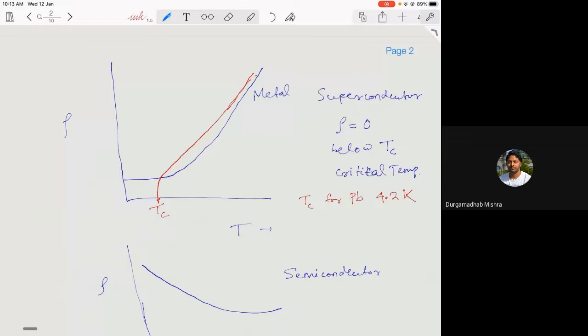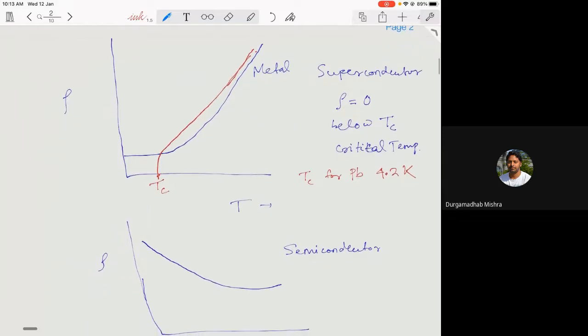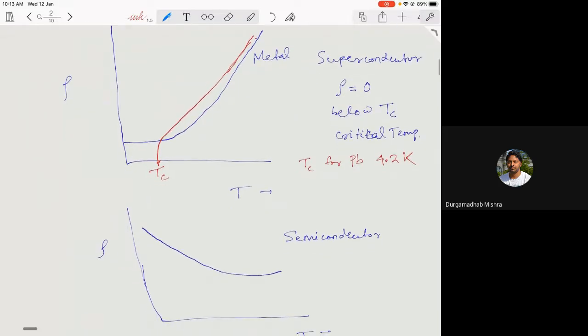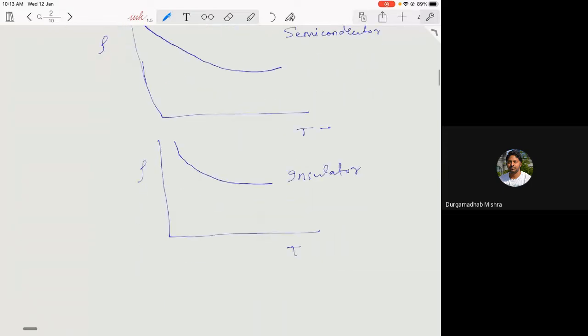But if you have a superconductor, you don't have that, and that is why there is a quest. People are trying to find out or to synthesize a superconducting material with Tc at room temperature.